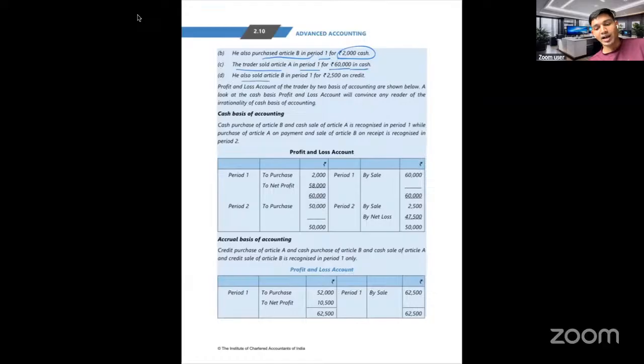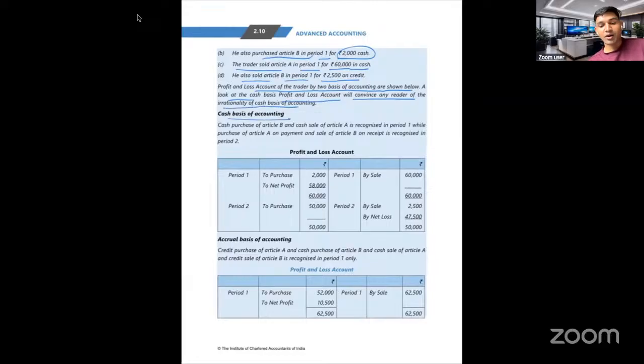He also sold article B in period one for rupees 2,500 on credit. The profit and loss account of the trader by the two bases of accounting is shown below, and a look at the cash basis profit and loss account will convince any reader of the irrationality of the cash basis of accounting.